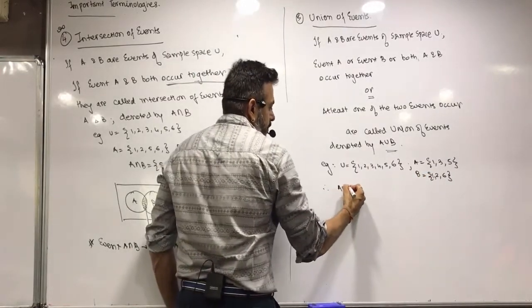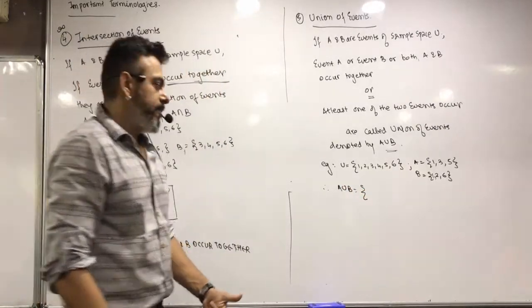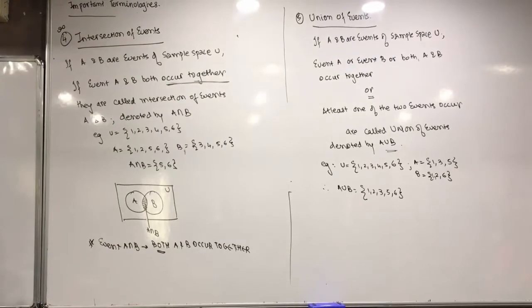Therefore, A union B is equal to what? 1, 2, 3, 5 and 6.